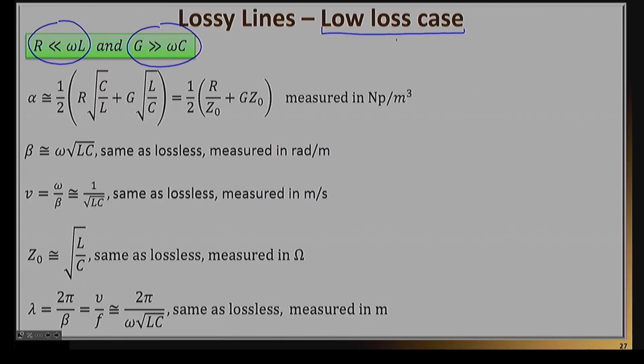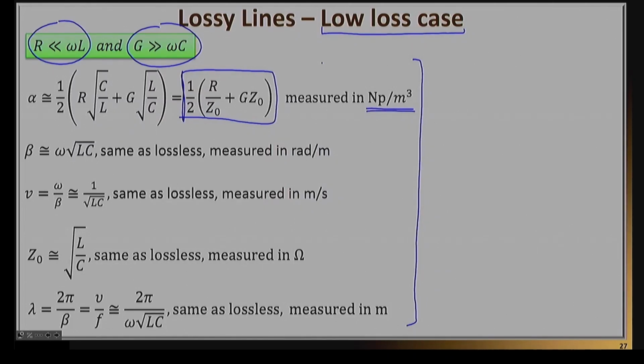And there are some approximations that you will see here that give you the approximate quantities of the attenuation constant alpha, phase constant beta, phase velocity v, impedance Z0, and wavelength lambda. The attenuation constant alpha, for example, will be expressed with this equation, and is measured in Nepers per meter.